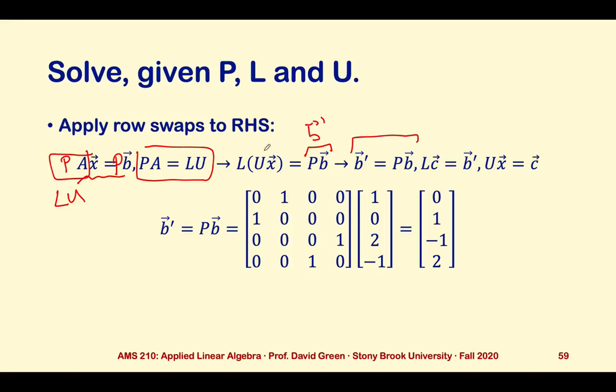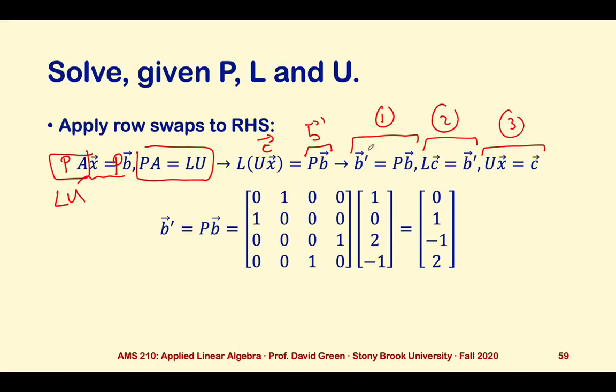We can set a temporary variable c to be equal to Ux. That gives us our Ux equals c equation, and Lc equals b prime is the piece that we're left with in the middle. We have three equations to solve, and we actually are going to want to solve them in this order.